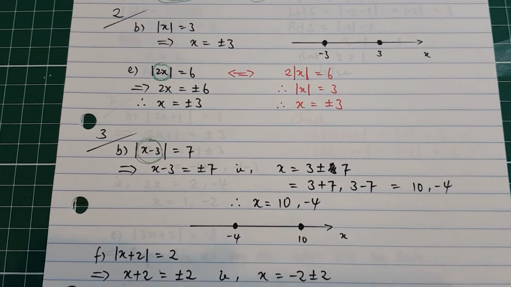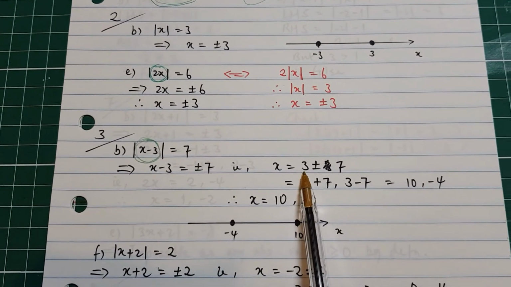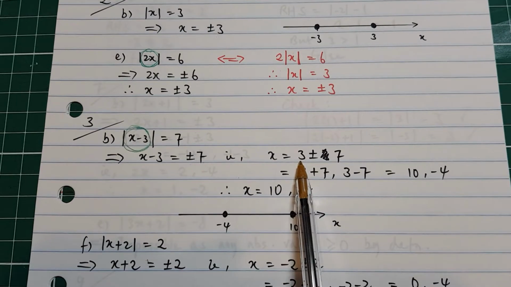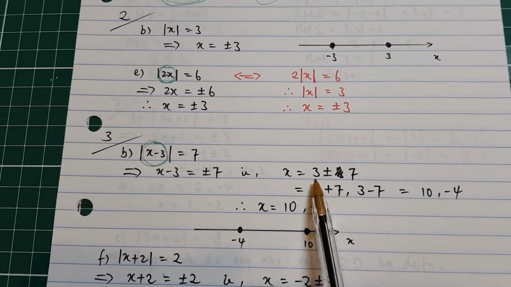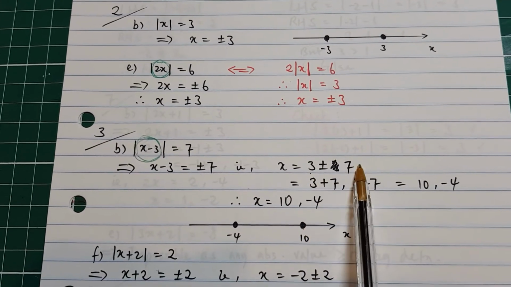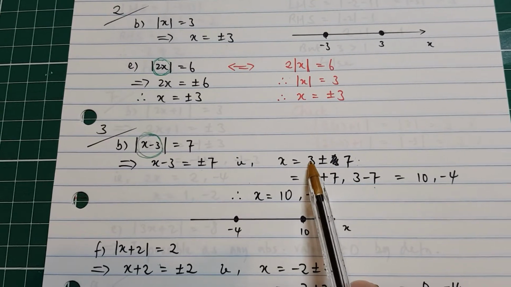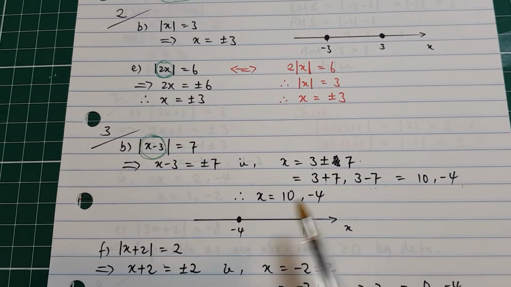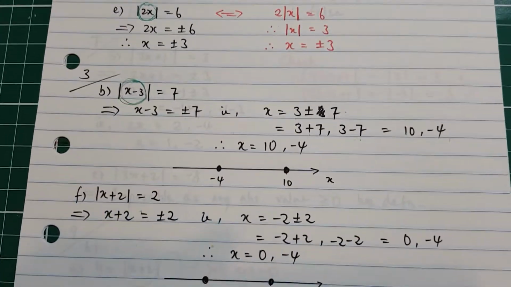The negative 3, tossed over to the other side, becomes positive 3. It behaves the same way that you would solve any equation. So 3 and then plus or minus 7. The first case is 3 plus 7, and the second case is 3 take away 7. So that's 10 and negative 4. Hence on the number line, it's the 10 and negative 4, like that.